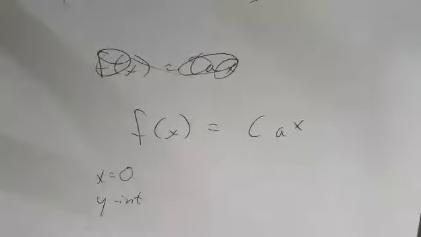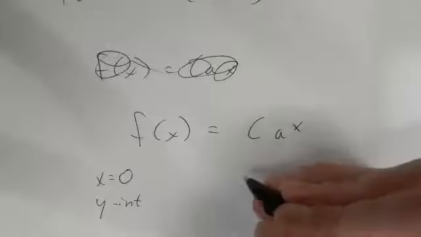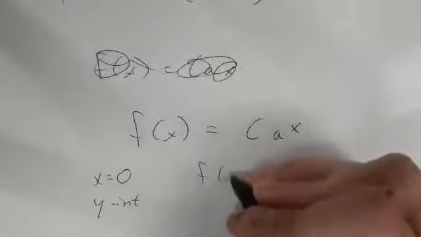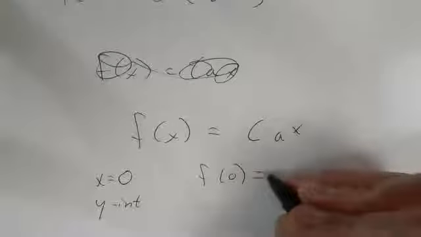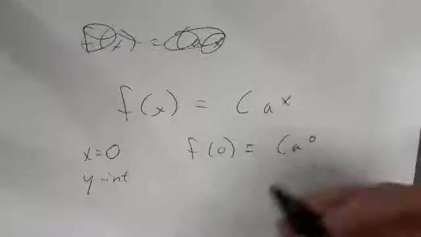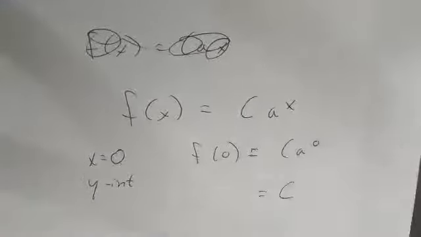So if I want to talk about my y-intercept, plug in 0. We're talking about 0 exponents, so what I'm actually getting out of here is just the c. So if I want to know what my y-intercept is, it is the c. The c and the y-intercept, the coefficient, are the same thing in our exponential function.